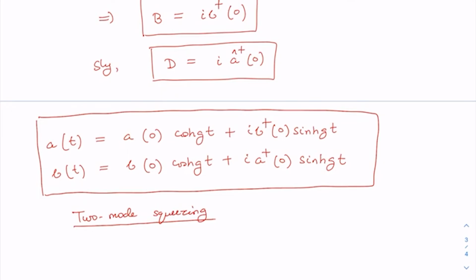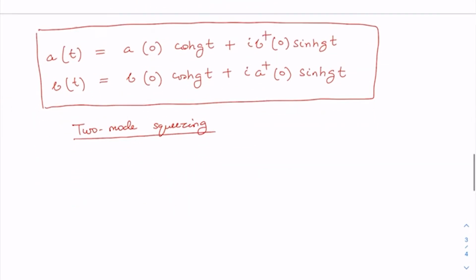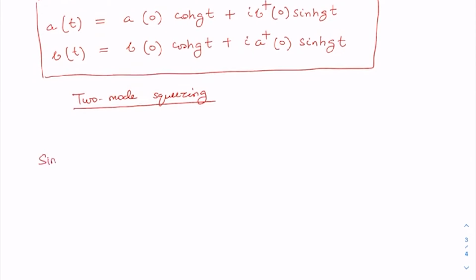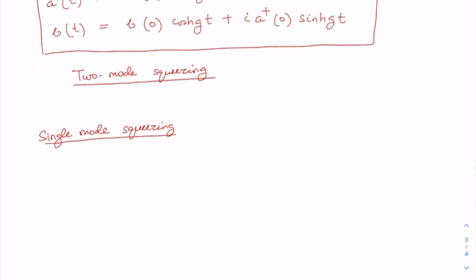In module 1, you may recall that in the case of single mode squeezing, we discussed this particular Hamiltonian, or a Hamiltonian of this form, which had terms like a squared plus a dagger squared, or maybe you have seen the Hamiltonian of this type where we wrote it as i h cross omega (a squared minus a dagger squared).